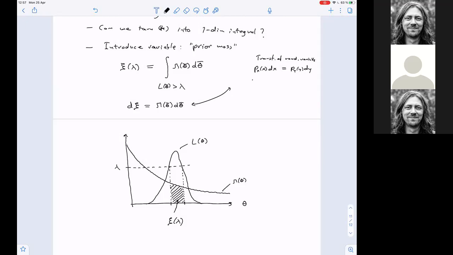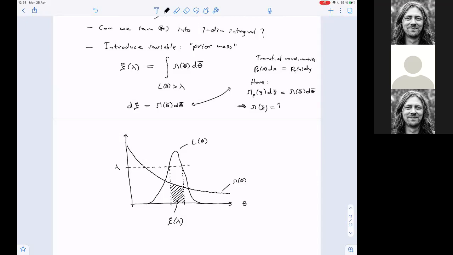In this case, what we have is effectively that this relation here is saying that your prior pi psi of psi d psi equals pi theta d theta, which is just saying that your prior for the prior mass, which is sort of a convoluted concept, but think of it just as, okay, the PDF for psi in this case is just one, right?